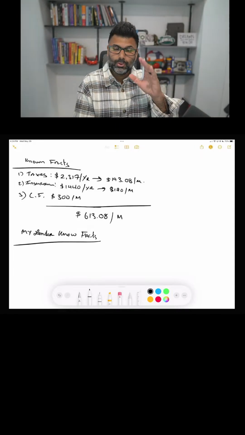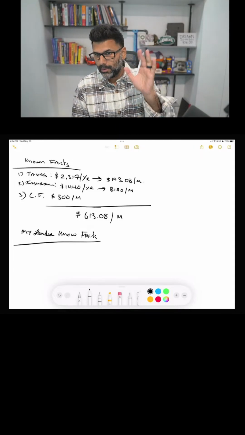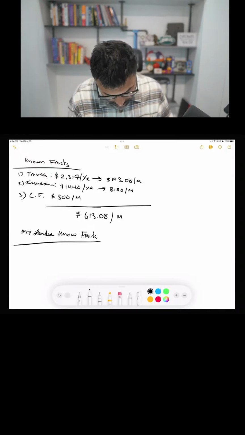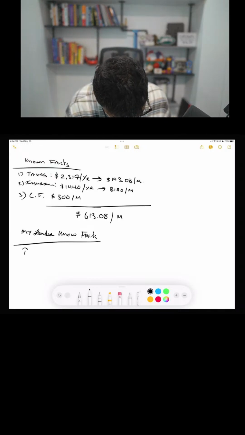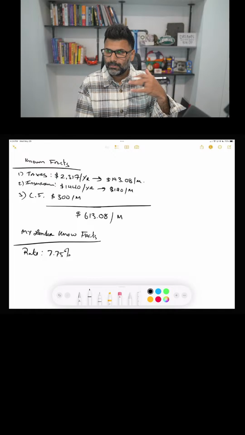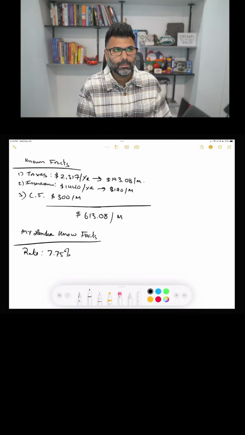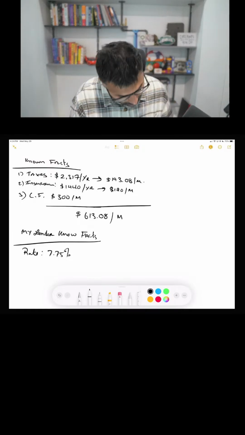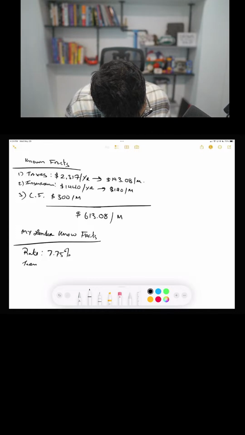Now, yours could be different, and that's perfectly fine, but this is just what I have. So my rate is at 7.5%. And if you guys have it better, then please let me know, because I have no problem with working with other people. Okay, term 360 months, so that's essentially a 30-year mortgage.